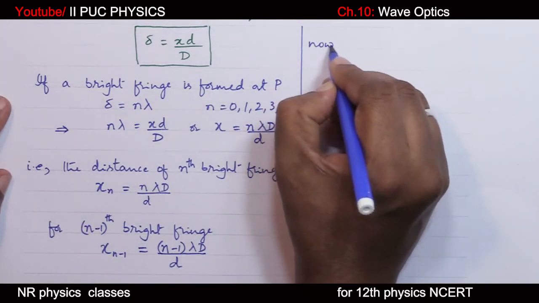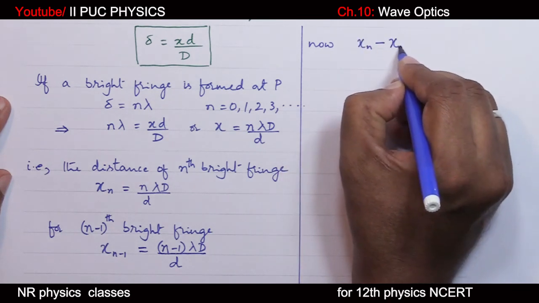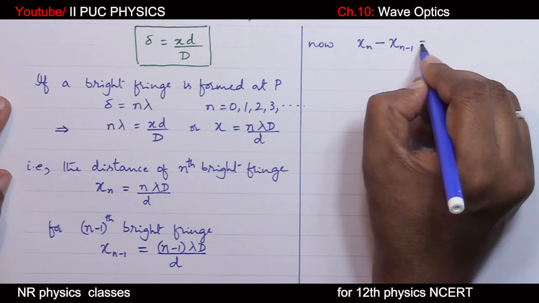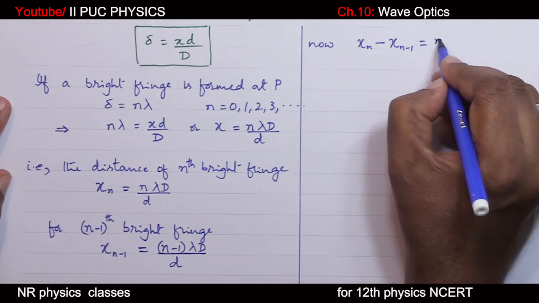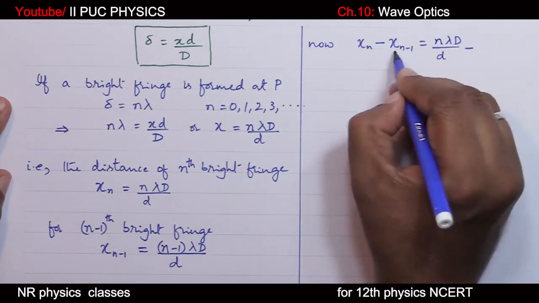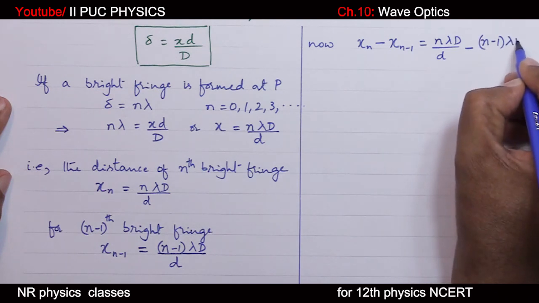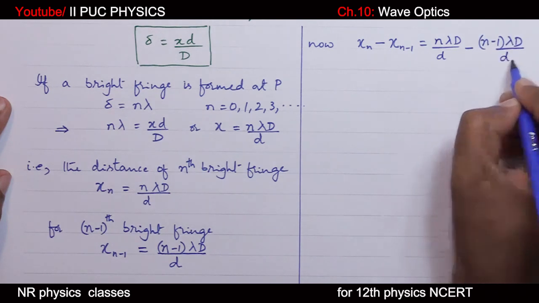Now let me take xn minus xn minus 1, equal to xn, which is n lambda capital D by small d, minus xn minus 1, which is n minus 1 lambda capital D by small d.